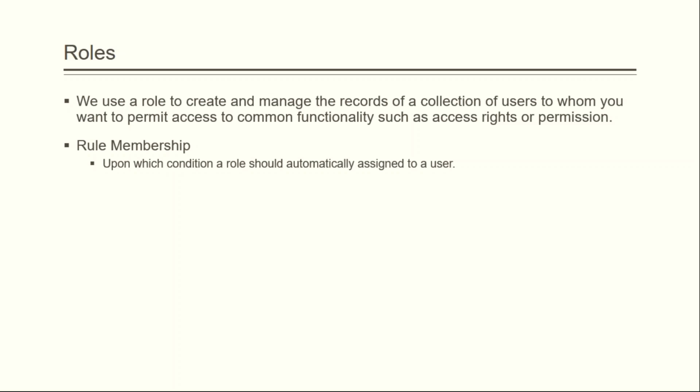Inside that role there is a rule membership. I have defined that if a user has designation equal to new joinee, then this role should be automatically assigned to the user. This is called rule membership. Up to this part is clear?